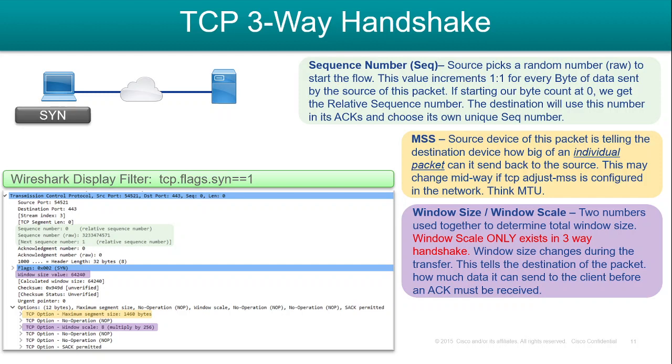So let's take a little bit of a step back in time, a little bit of a history lesson in terms of what it is we're looking at here. Many years ago, before this window scale option existed, we had only window size. In this example, we are set to 64,240.